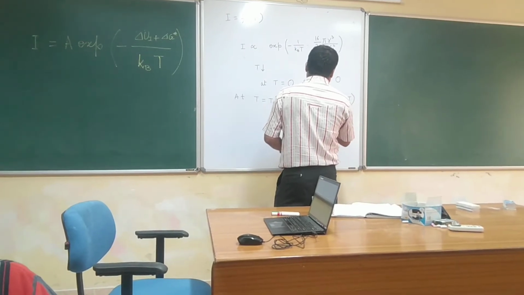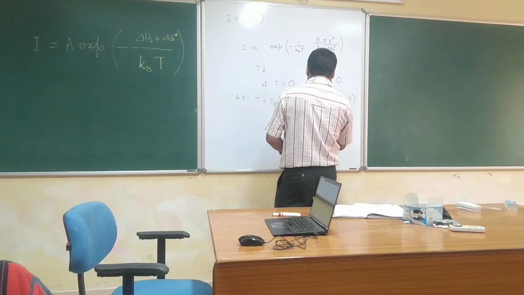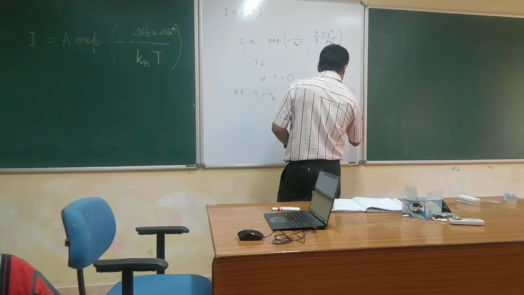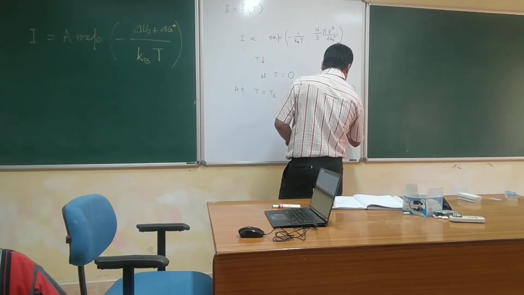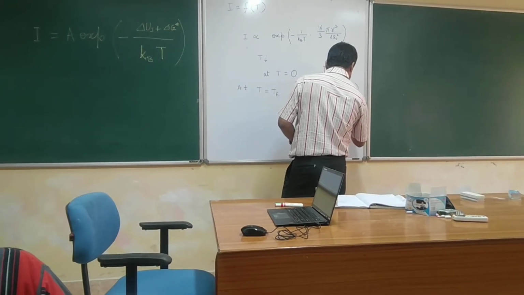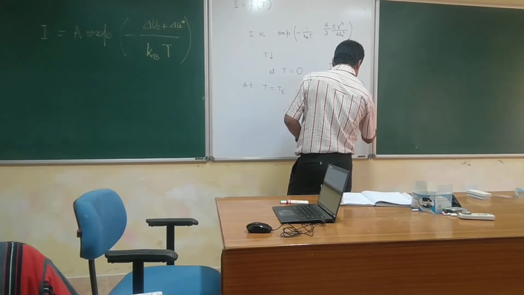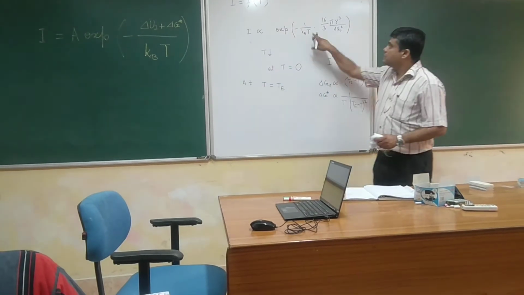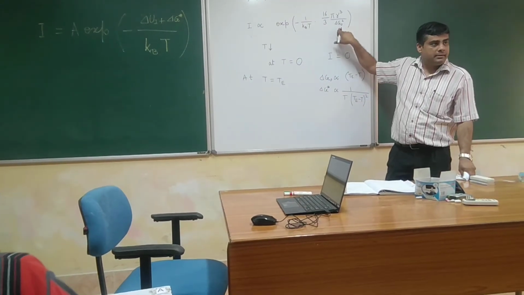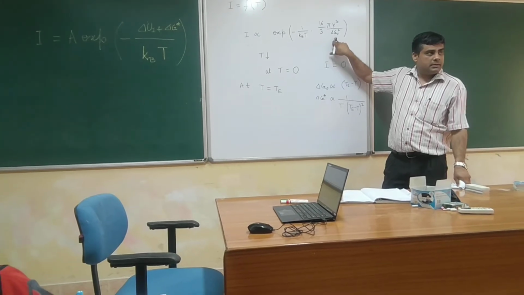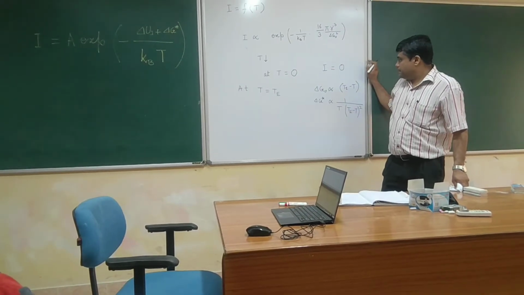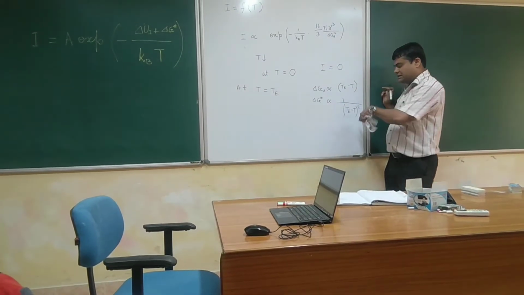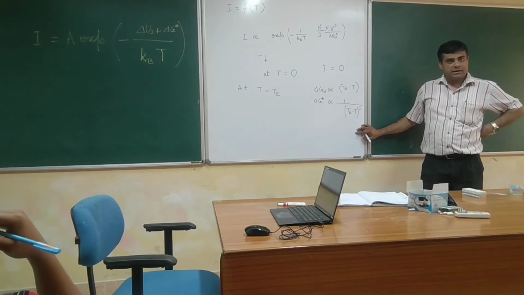So this delta G star is inversely proportional to delta GV square.